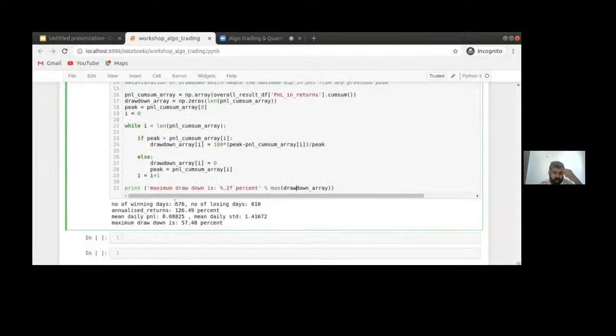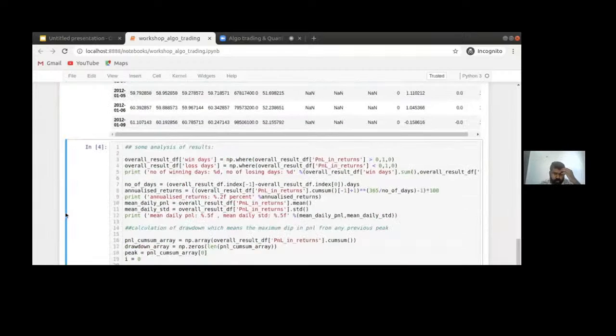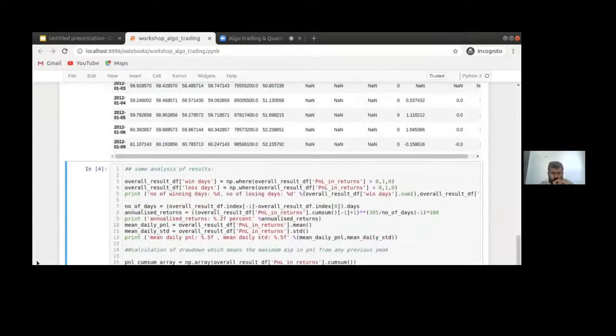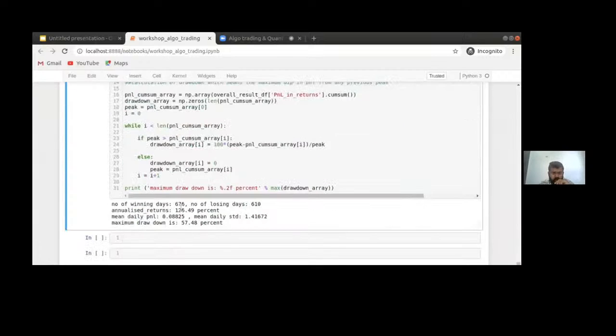So these are the values I have gotten. I had 676 winning days and around 610 losing days. My annualized return is 127%, and my daily PNL is this, and my STD is this, and my drawdown for this strategy was 57%.